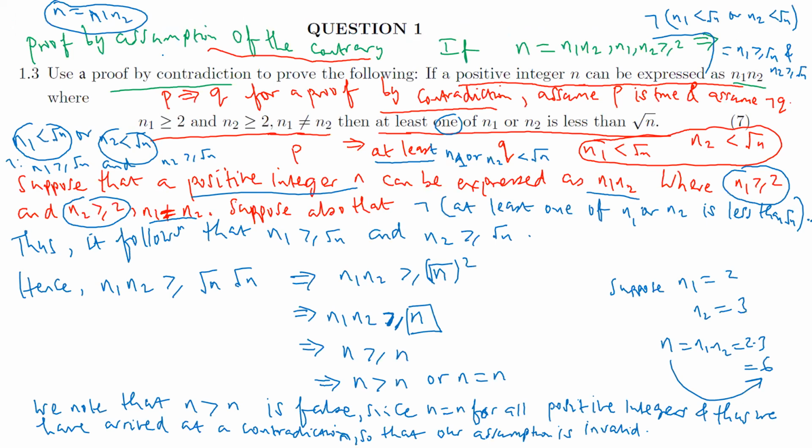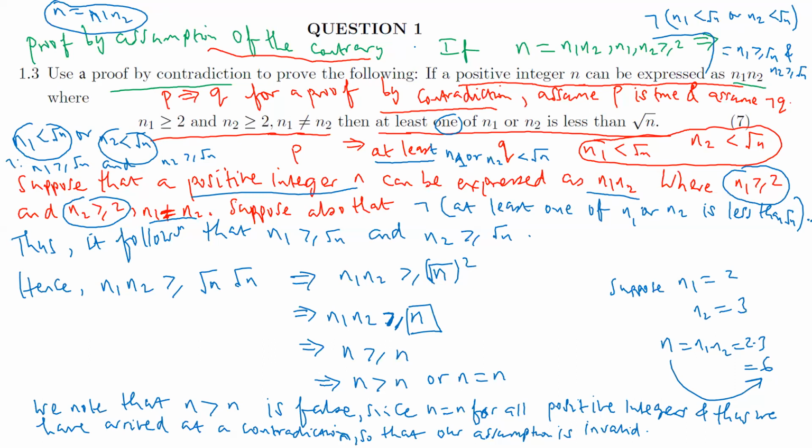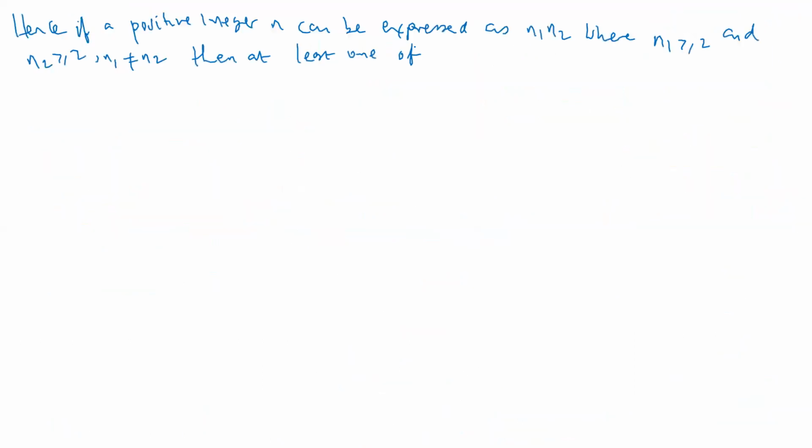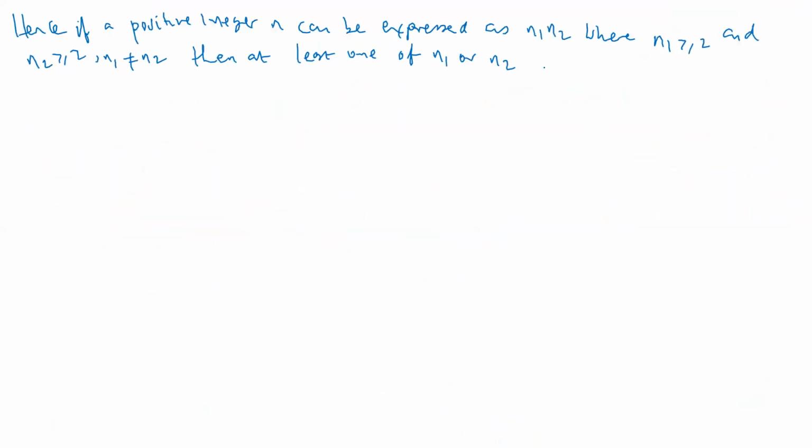then at least one of n1 or n2 is less than the square root of n.